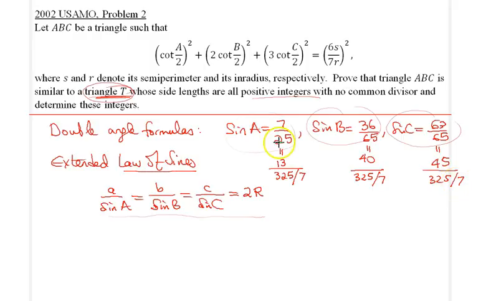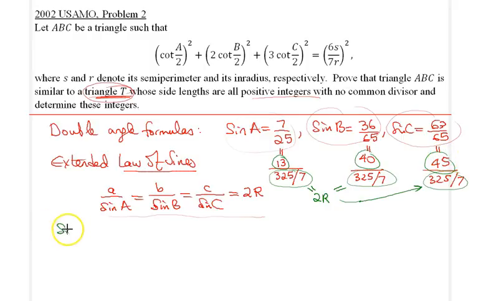So what this suggests is that you can think of this common denominator 325 over 7 as 2R, the diameter of your circle, and as such, we can find a similar triangle with side lengths a, b, c of 13, 40, and 45, which actually does the trick.